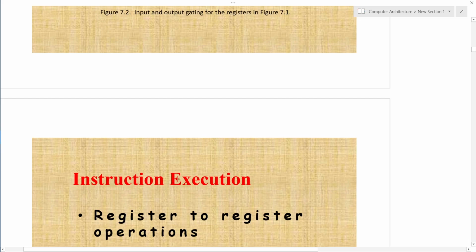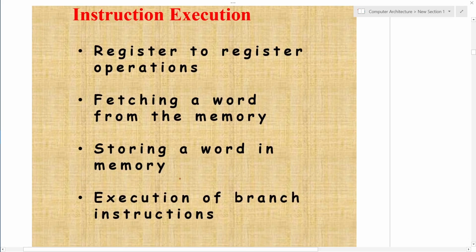Now coming to instruction execution. When an instruction is executed by the CPU, the instruction is available in memory, and the CPU reads the content of the program counter for that purpose. Here we are discussing the different types of instruction execution.